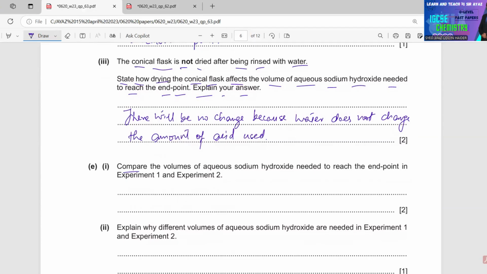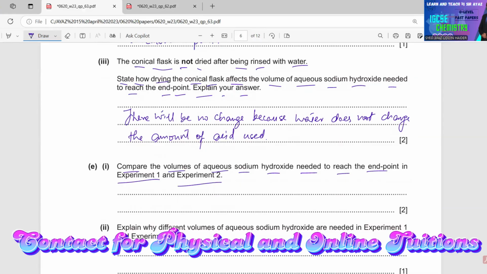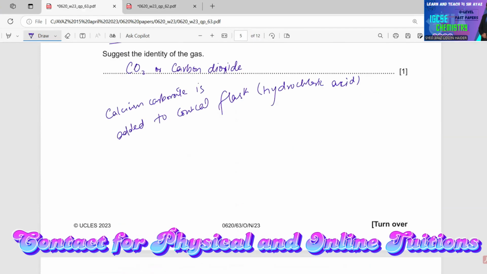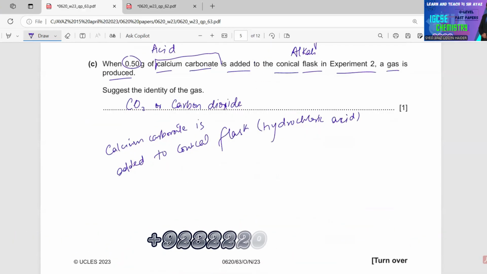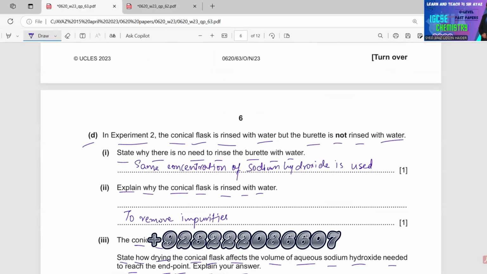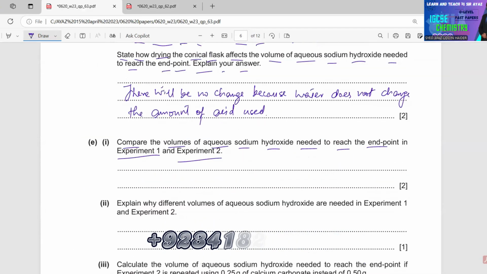Compare the volumes of aqueous sodium hydroxide needed to reach the end point in experiment 1 and experiment 2. You see this clearly in experiment 1 and experiment 2. In experiment 1, the volume is high. In experiment 2, it's low. So we will write more in experiment 1 and mention the values.